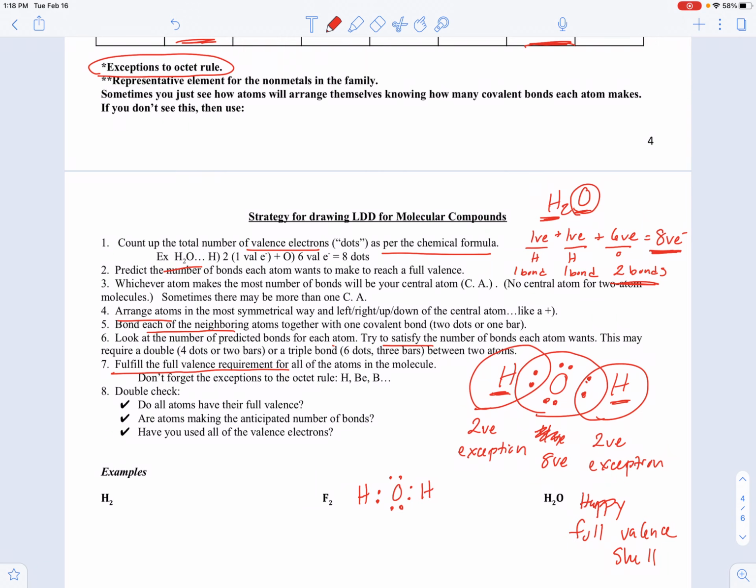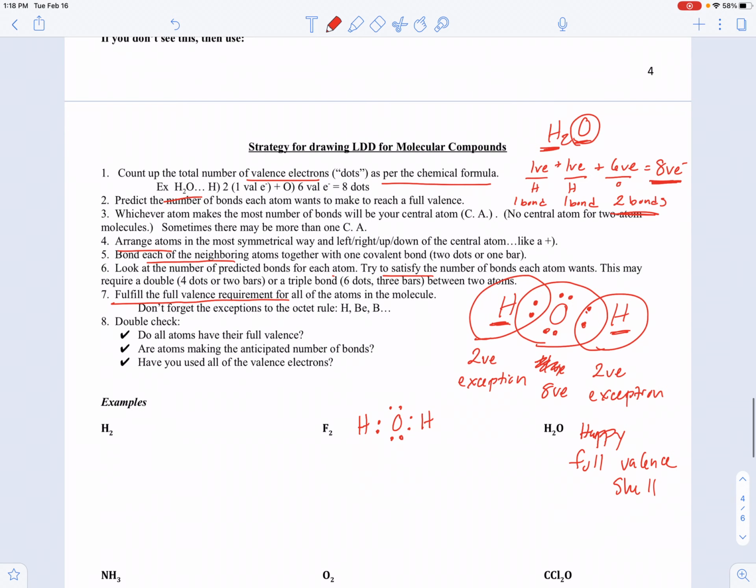I wouldn't draw the circles around it. Or I could draw it where bars are drawn instead of a pair of dots. And then all you have to remember is this bar is a pair of shared electrons.